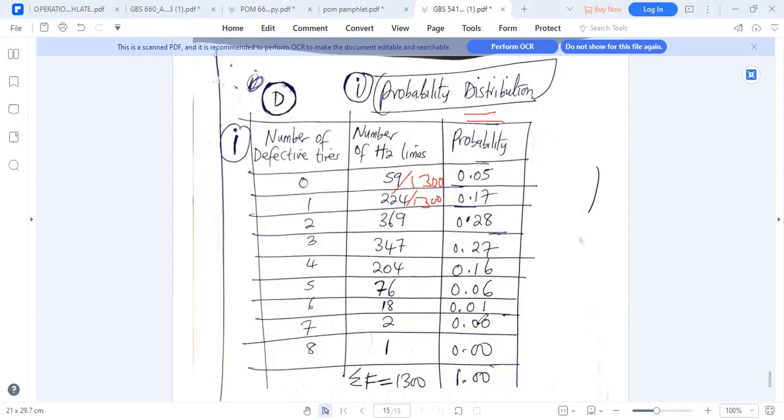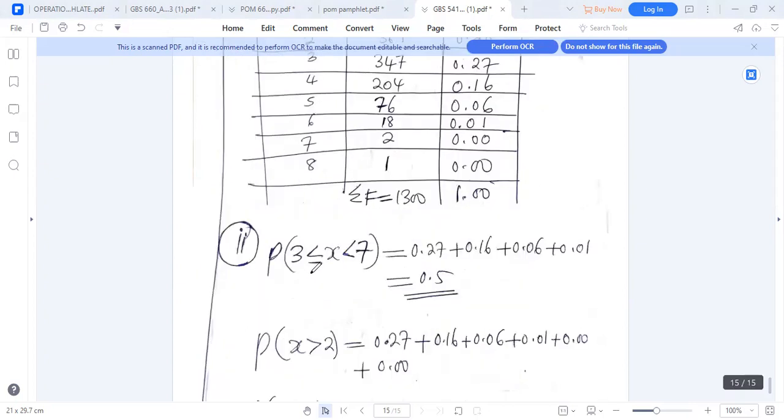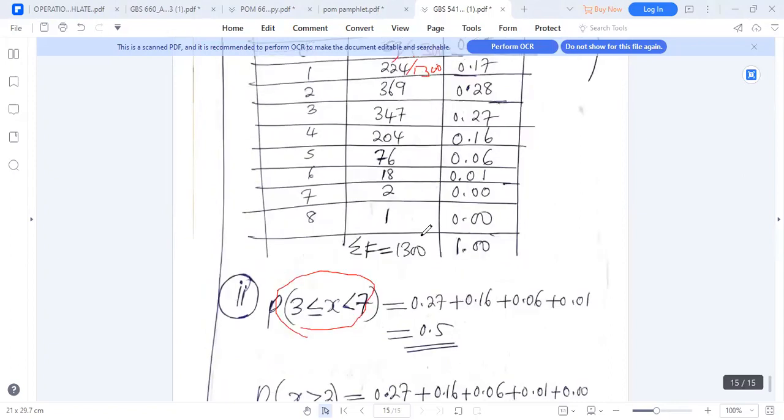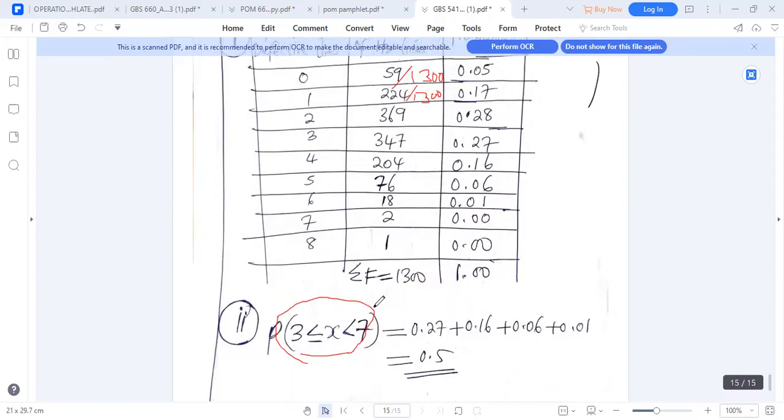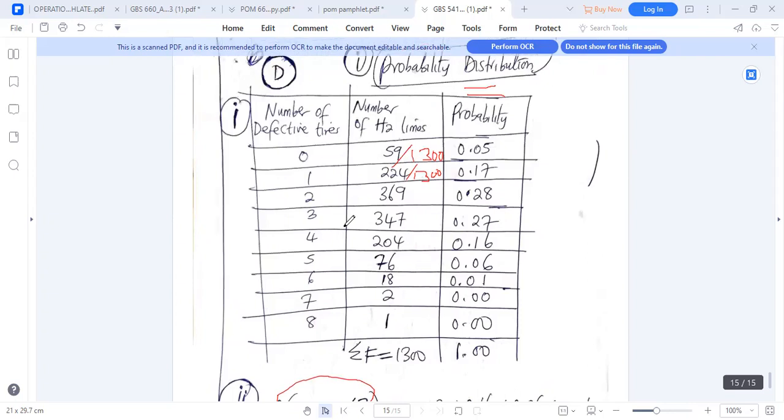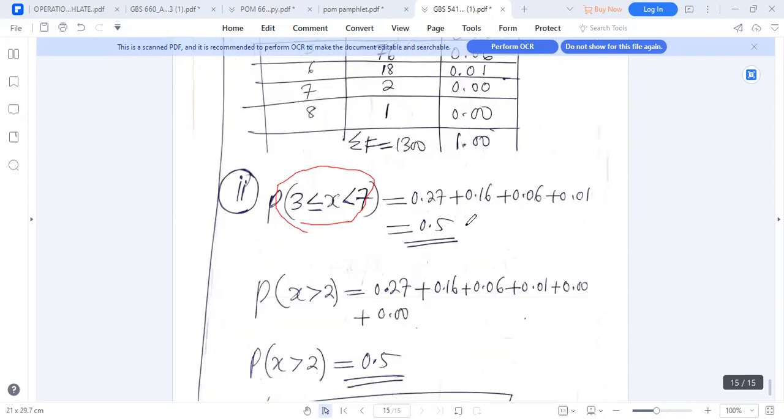Now from here, we want to find the probability of 3 less than or equal to x less than 7. So x is greater than or equal to 3, going down to 7.